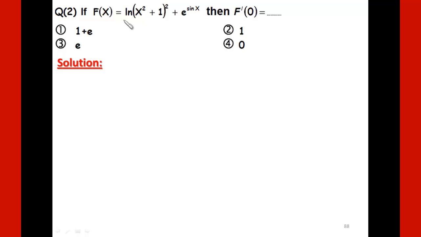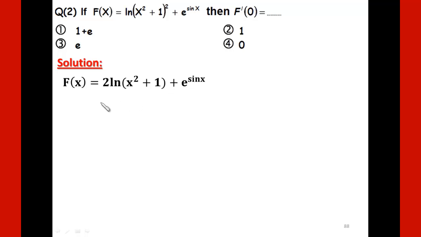We have f of x equals ln x squared plus 1 all power 2 plus e power sine x. We rewrite using properties of logarithm. Ln x squared plus 1 power 2 will be 2 ln x squared plus 1. So f of x equals 2 ln x squared plus 1 plus e power sine x.